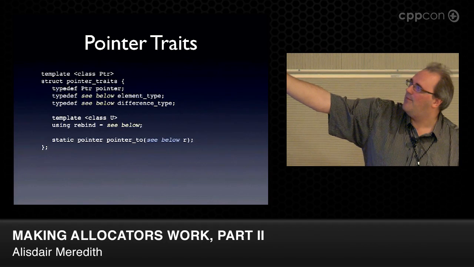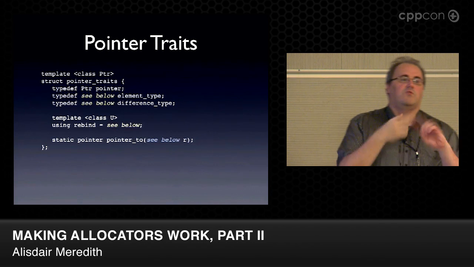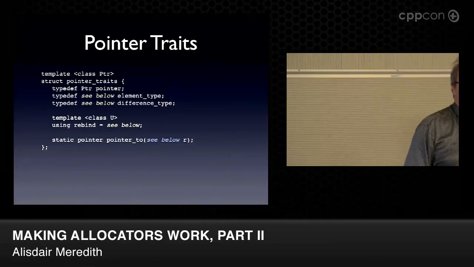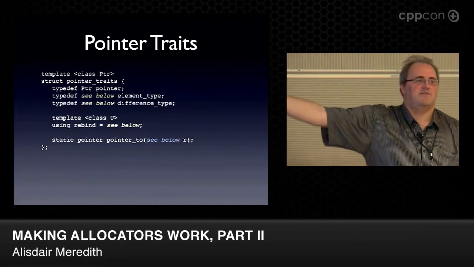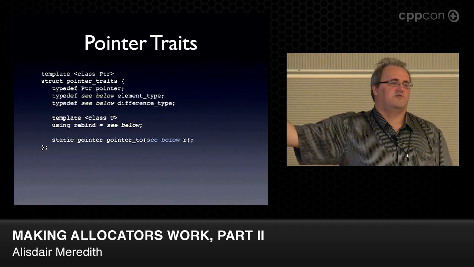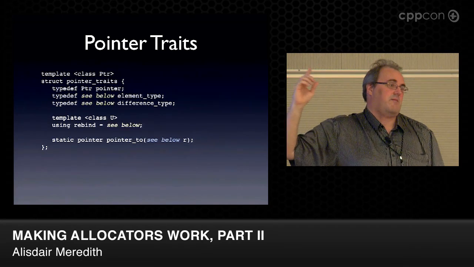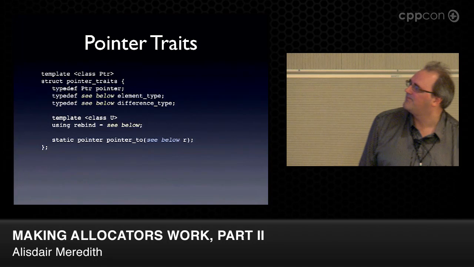They give you an element type, they give you the difference type between 2 pointers, and they do the rebind. So if I've got a pointer to int, I can create a pointer to double by going through the rebind. And each of these times you see a C below, that means that your library vendor's doing this kind of crazy template metaprogramming I'm showing you at the moment to figure out some formula to get those answers.